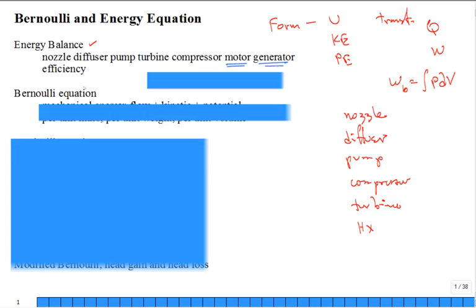All of these, or most of them, can have some sort of efficiency associated with it. For the nozzle and diffuser, it goes back to isentropic efficiency, and it's not as important as maybe the efficiency of a pump or the turbine or the compressor, which also typically go back to an isentropic benchmark.